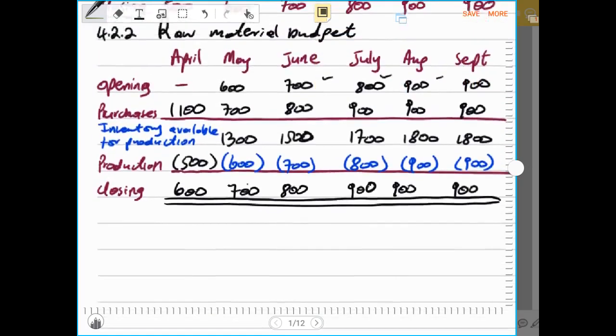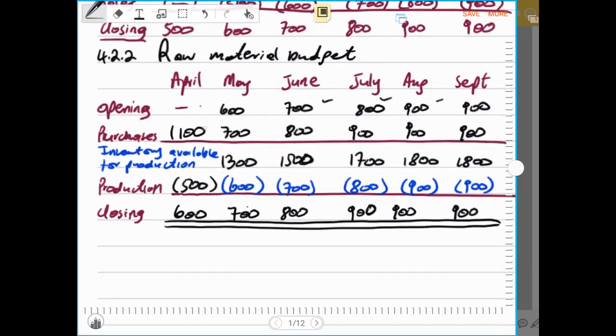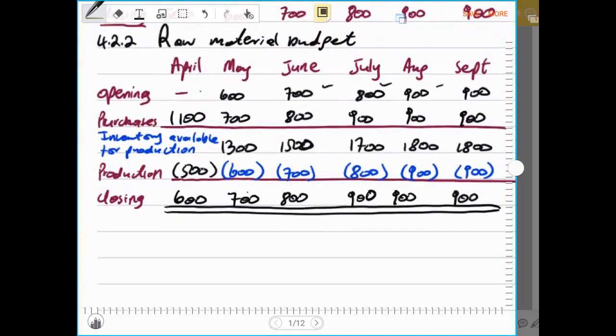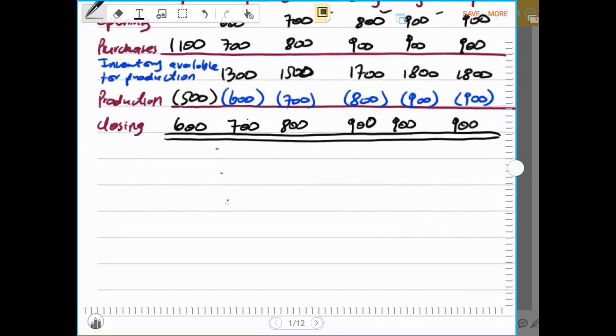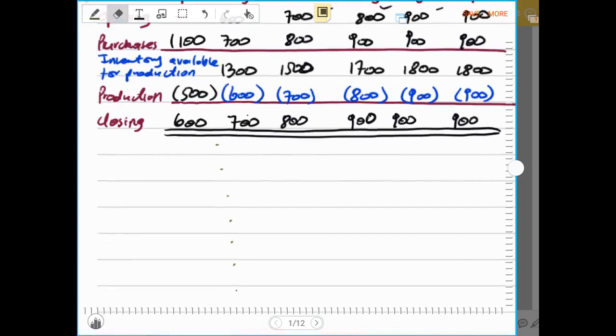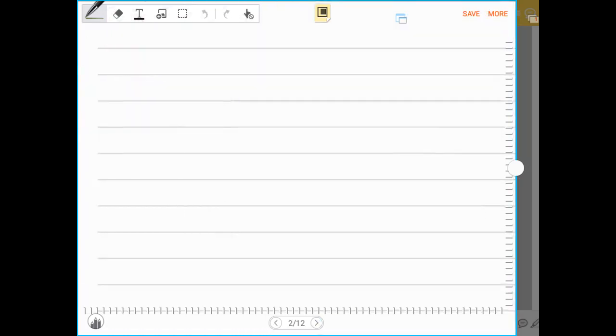Let me count the columns and see if we'll have enough. 1, 2, 3, 4, 5, 6, 7. Okay, there won't be enough space. Let me record this in the next one.